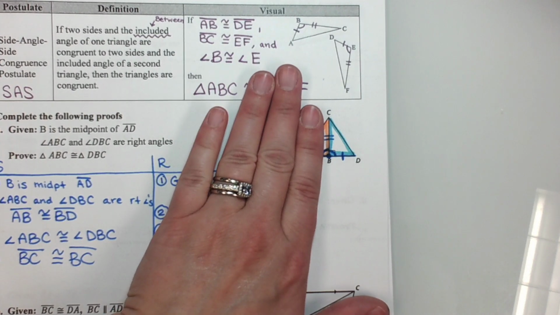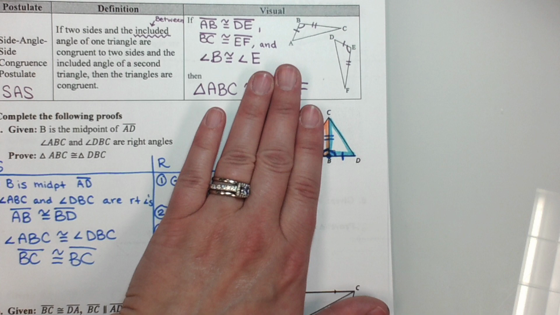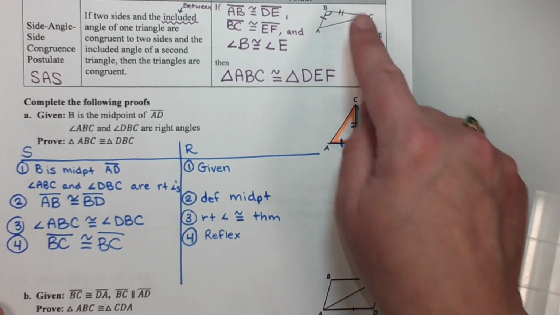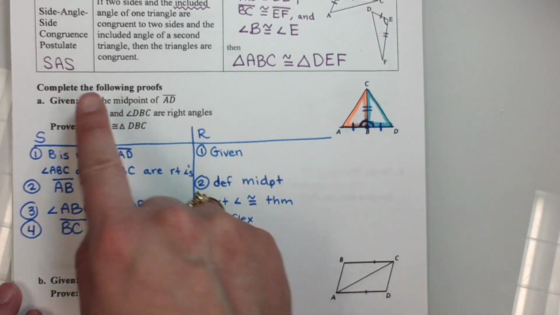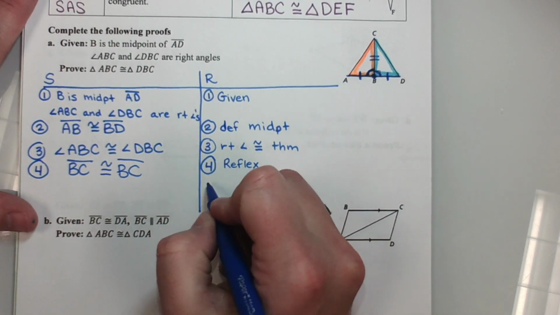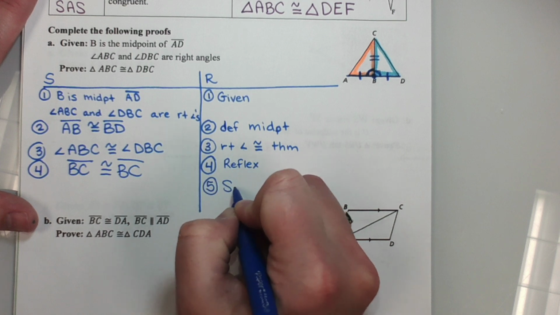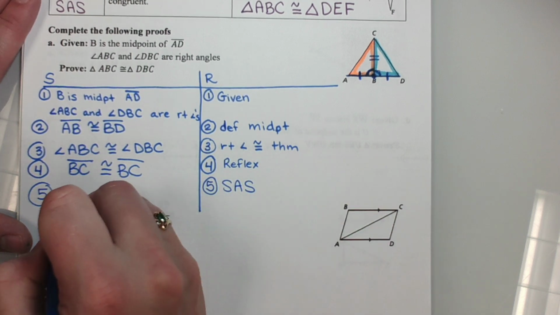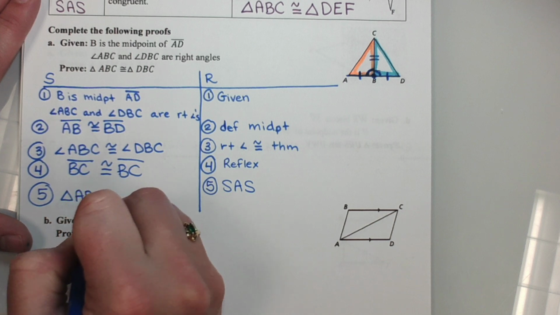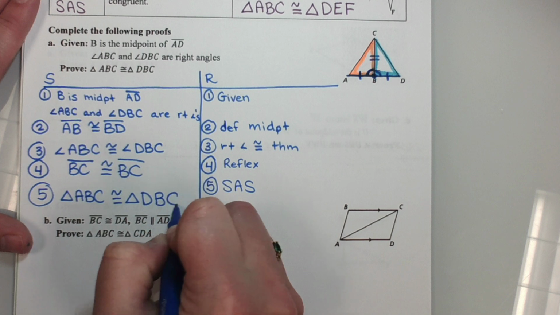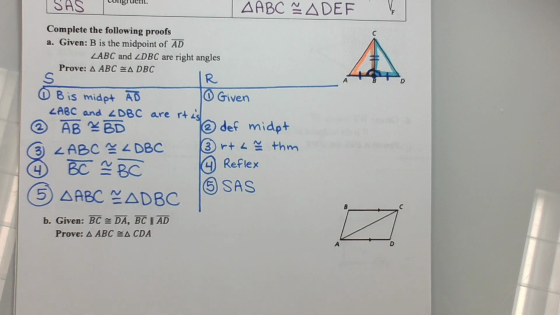Double check the other triangle has the same thing. 2 sides and the angle between them. Yep. Once it matches this, I can use this theorem. And that postulate states that triangles are congruent. Triangle ABC is congruent to triangle DBC by SAS.